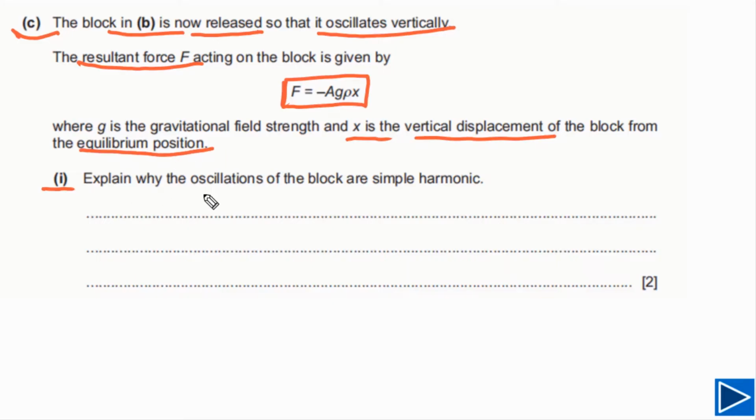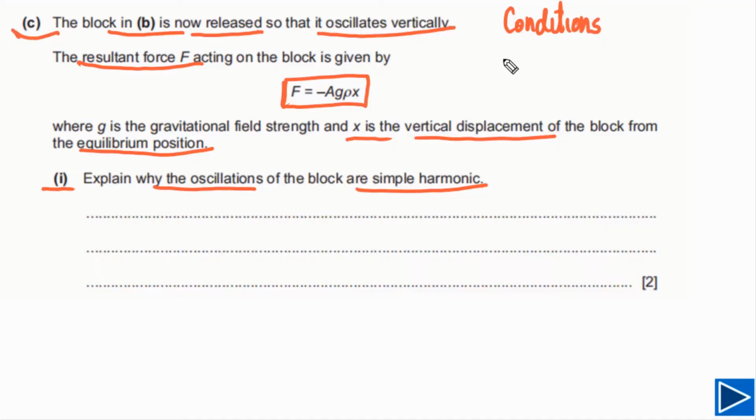For part 1, we need to explain why the oscillations of the block are simple harmonic. So first thing we need to understand, when we can say oscillations are simple harmonic motion, so we need to understand the basic condition for simple harmonic motion. So we can write down conditions.